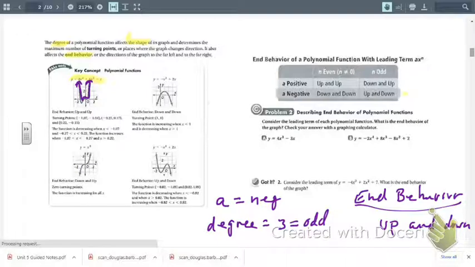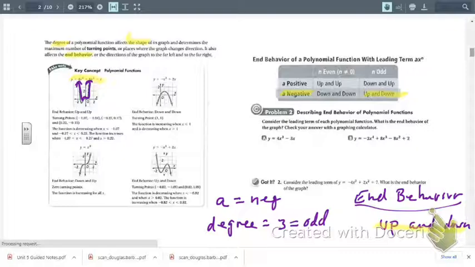Alright, so your A is negative, so it's negative 4. Your degree is 3, and that is odd. So our A is negative, so we're looking at the bottom row. Your degree is odd, so we look here. So up and down. So up and down is your end behavior.